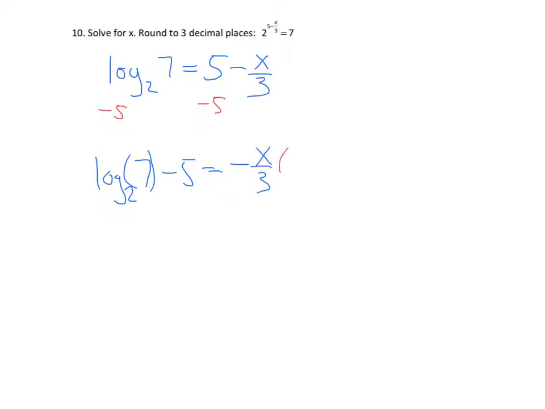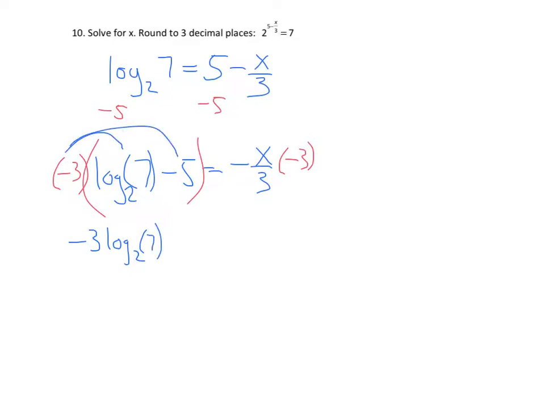And then if I multiply both sides by negative 3, I will get x by itself. So we get negative 3 log base 2 of 7, and then distributing that 3, we would get plus 15 equals x. And then it says to round this answer to 3 decimal places. Since we don't have a button for log base 2, we have to use the change of base formula.